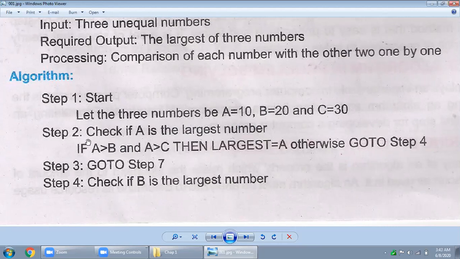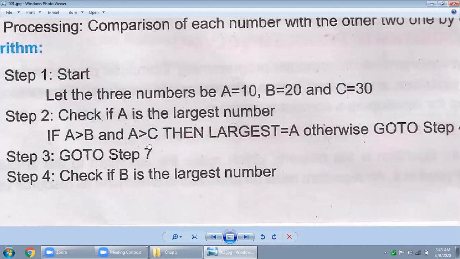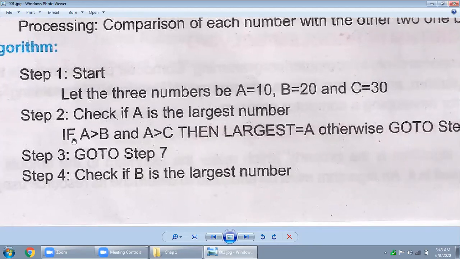Step 2 is check if A is the largest number. I will apply the condition over here. The condition must be like this: if A is greater than B and A is greater than C, then A is the largest.